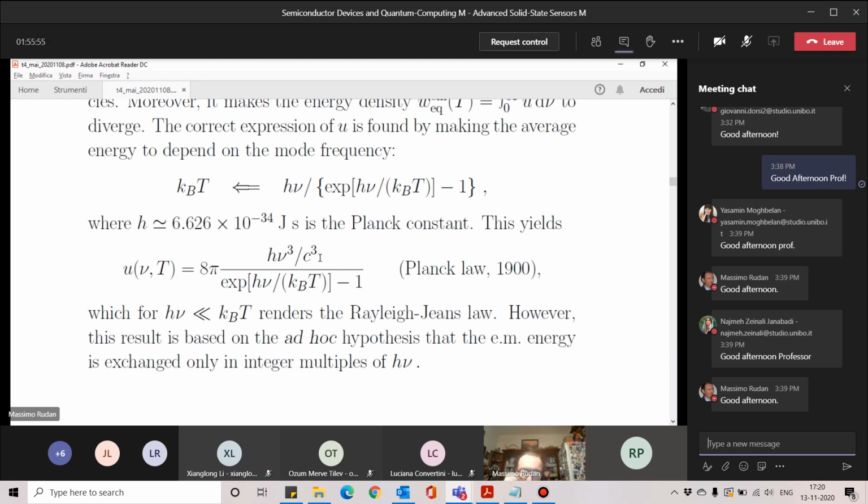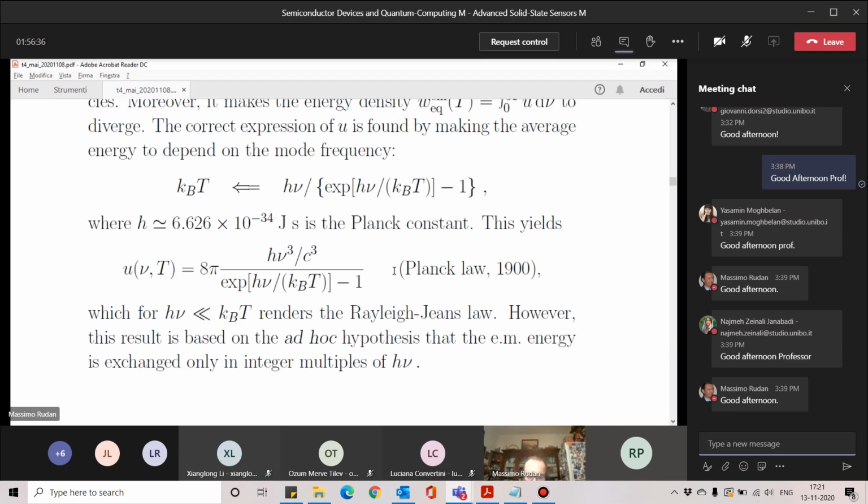On the other hand, in order to deduce this expression, Planck was obliged to introduce an extra hypothesis. And the extra hypothesis was that the exchange of electromagnetic energy between the black body and the radiation field occurs only in integer multiples of the elementary energy h nu.